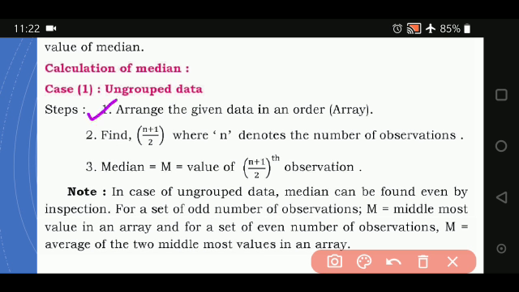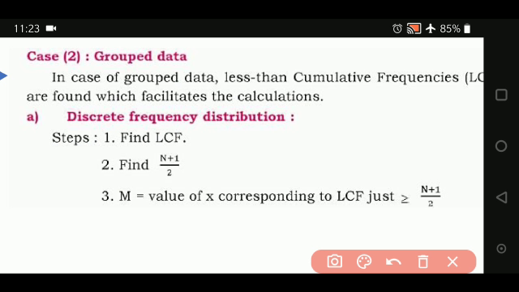Next, calculation of median for grouped data. In grouped data also, you will be having two types of data. One is discrete frequency distribution and the second is continuous frequency distribution. For discrete, only x and f values will be there. So first step is to find LCF, which is less than cumulative frequency.